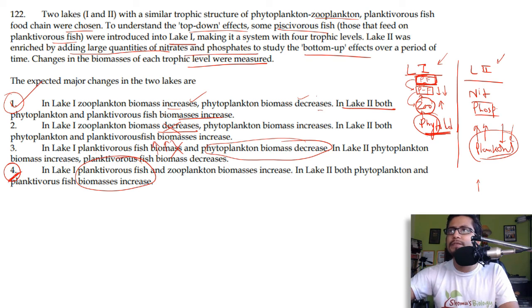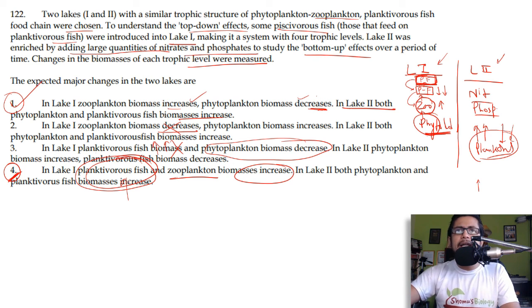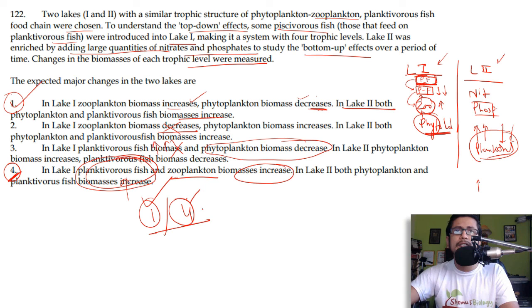In Lake 1, planktivorous fish and zooplankton biomass increase, because what happens here, the zooplankton biomass increases, planktivorous fish also increases. So this option number 4 is also coming very close to explain the situation. But besides telling that zooplankton biomass increases, it's better to tell that the phytoplankton biomass also decreases, rather than the involvement of planktivorous fish, because if zooplankton increases, then obviously planktivorous fish population will increase slowly.